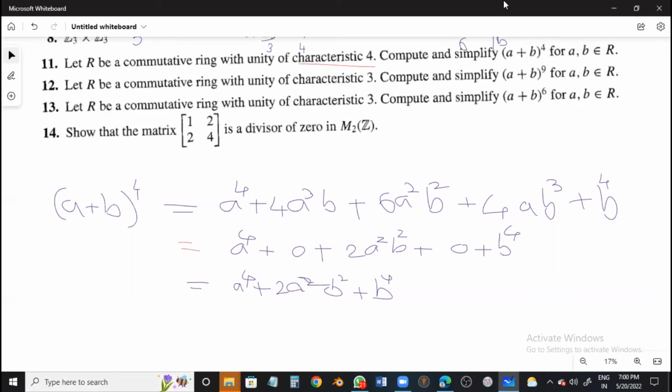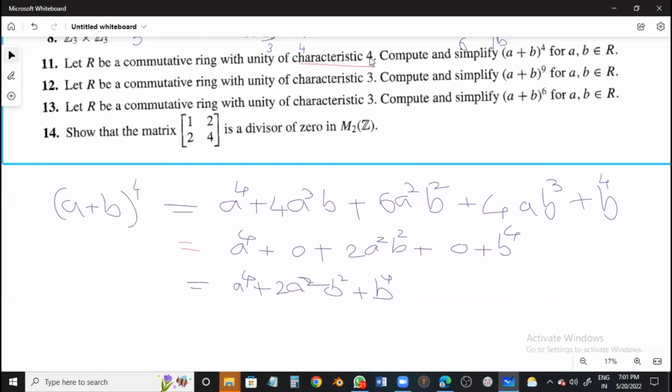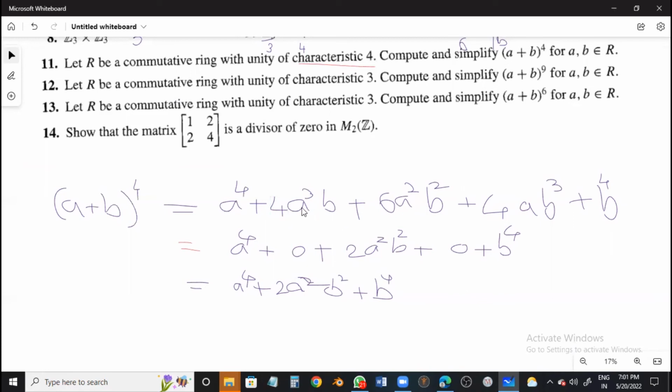But the characteristic is 4. Means if I multiply any element by 4, the answer will be 0. So naturally, 4 times something will vanish. The answer will be 0 here. This is again 4 times something, that also I can write as 0. Do you agree?